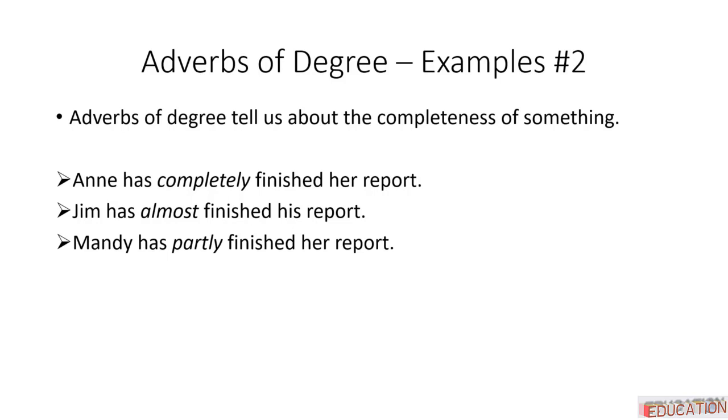Again, we don't know how far. It could be 50%. It could be anything really between 30 and 70. Again, subjective. And Bob just started on his report yesterday, so he's really like 10%, that sort of thing. So there we see 4 different examples showing degrees of completeness.